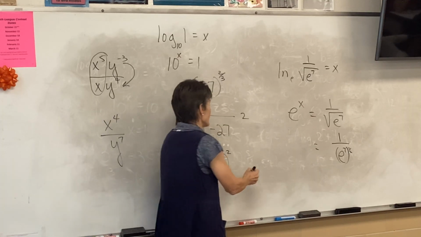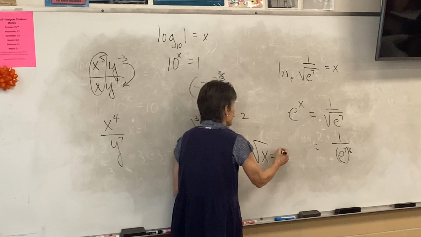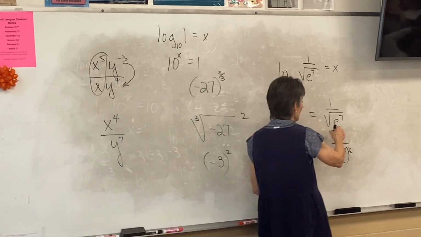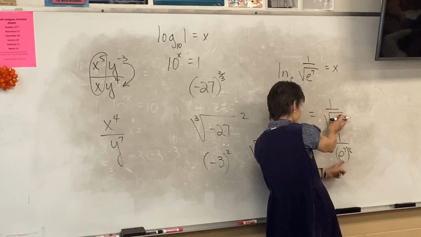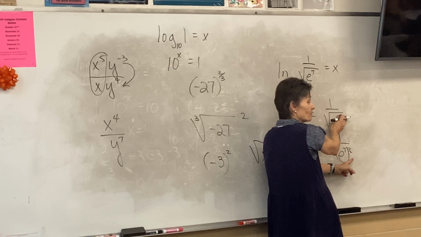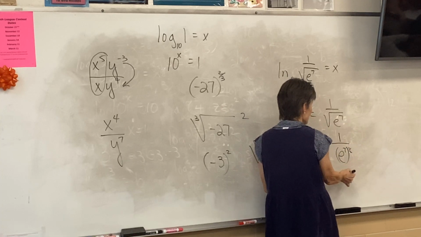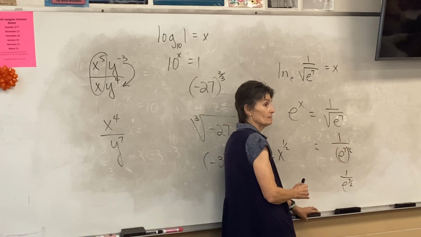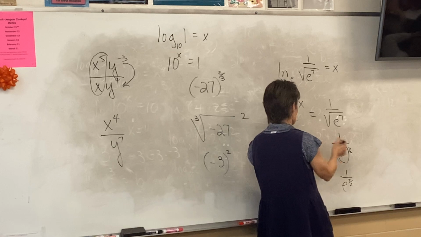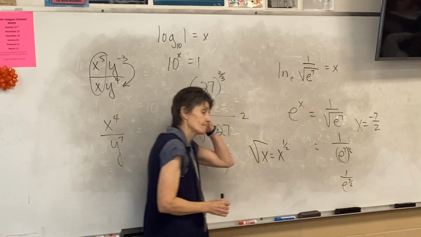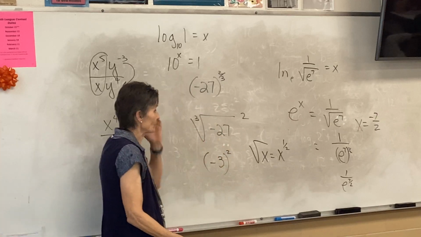Square root of x is x to the 1/2. So the square root of something is that thing to the 1/2 power. Doesn't matter what the thing is. What's 7 times a half? 7 halves. And since it's 1 over, negative 7 halves. That's tricky. That one's really hard.